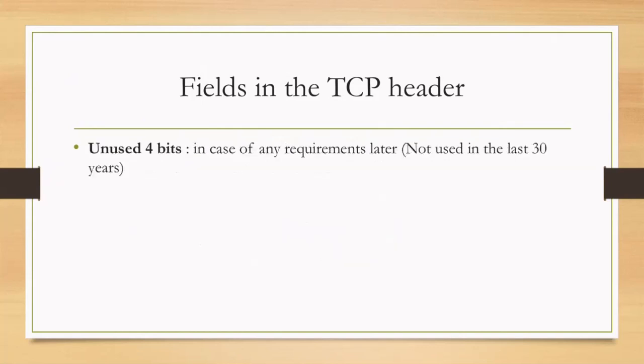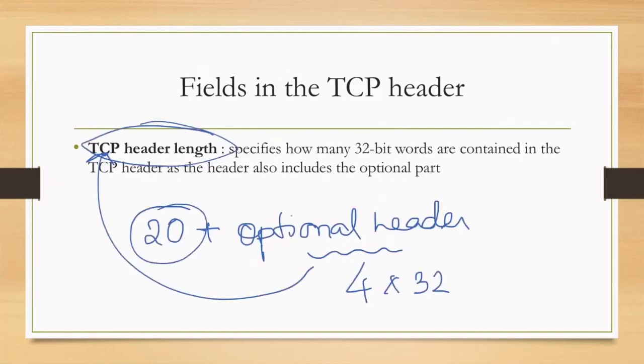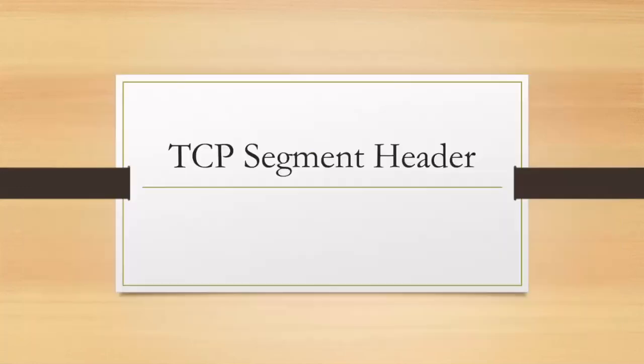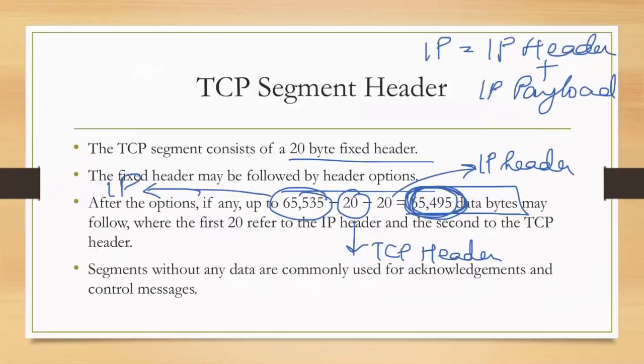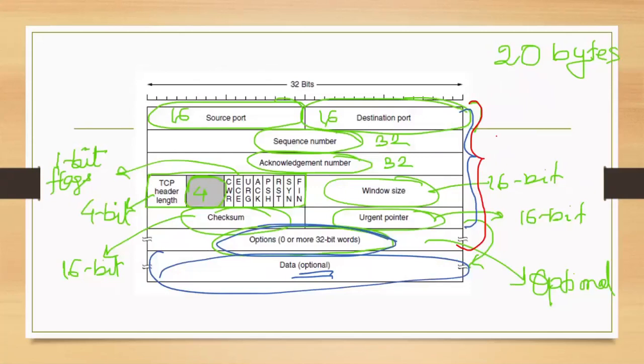Then we have the unused bits. Remember we had these here. They are left unused because, when TCP was designed a long time back, they were kept free in case there are improvements to the protocol, so there is some space in the header for new developments.